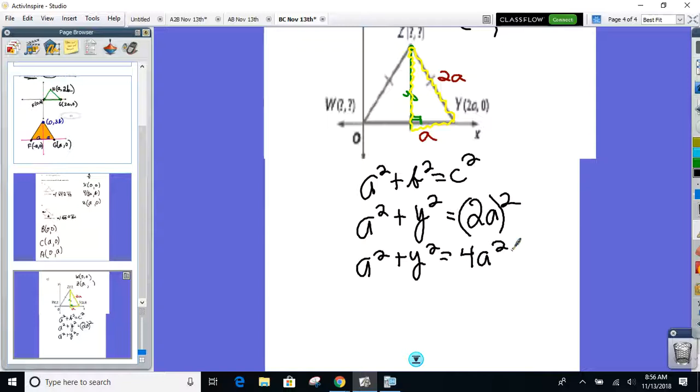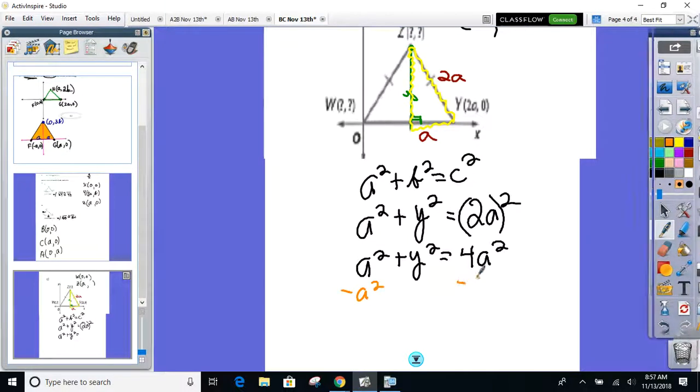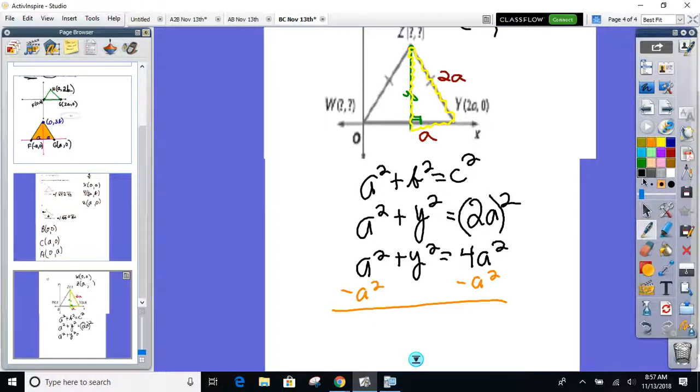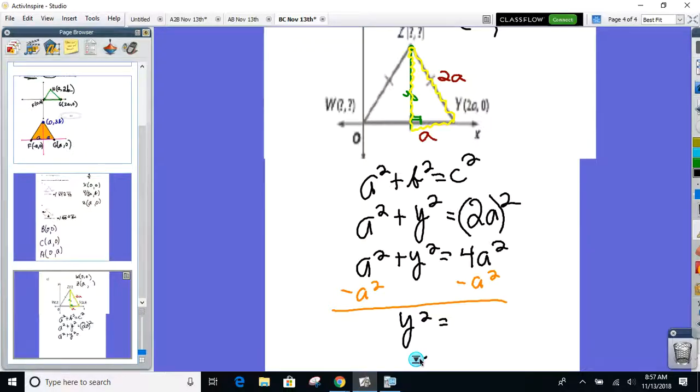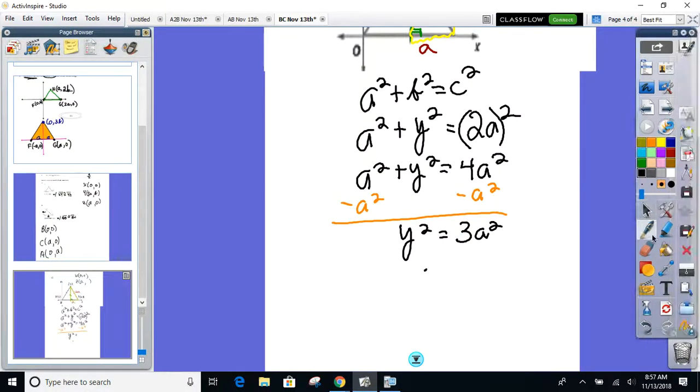Yeah, get the Y by itself, right? Subtract over a squared. What do I have here now on the right-hand side? 4a squared minus a squared. 3a squared. Got to get that Y value.